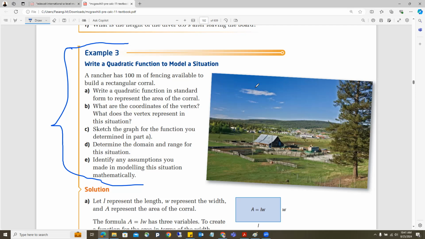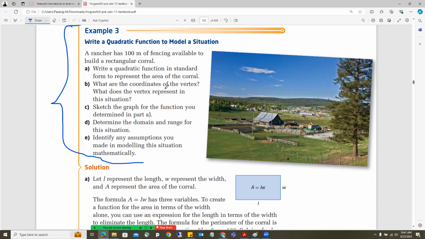Rectangle. How's your quadratic function? So a rancher has 100 meters of fencing available to build a rectangular corral. As they have drawn here, we have a rectangle.